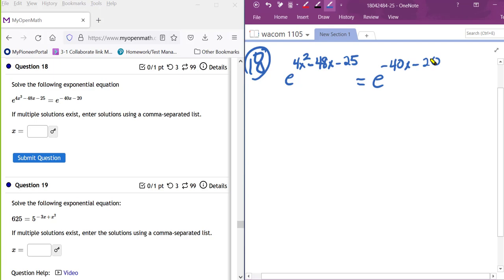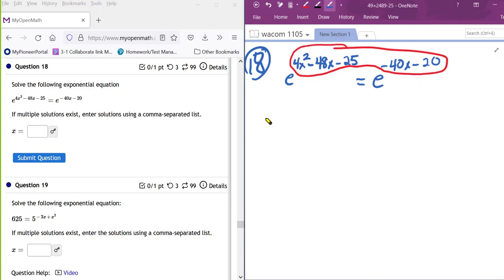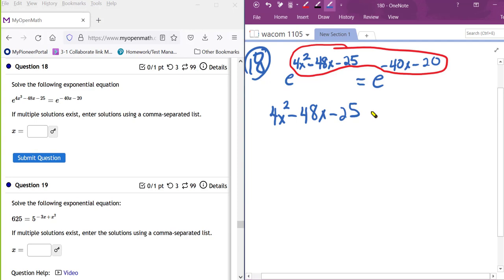So it looks more complicated. The base is already the same, so you are allowed to bring these down and set them equal. So 4x squared minus 48x minus 25 equals negative 40x minus 20.